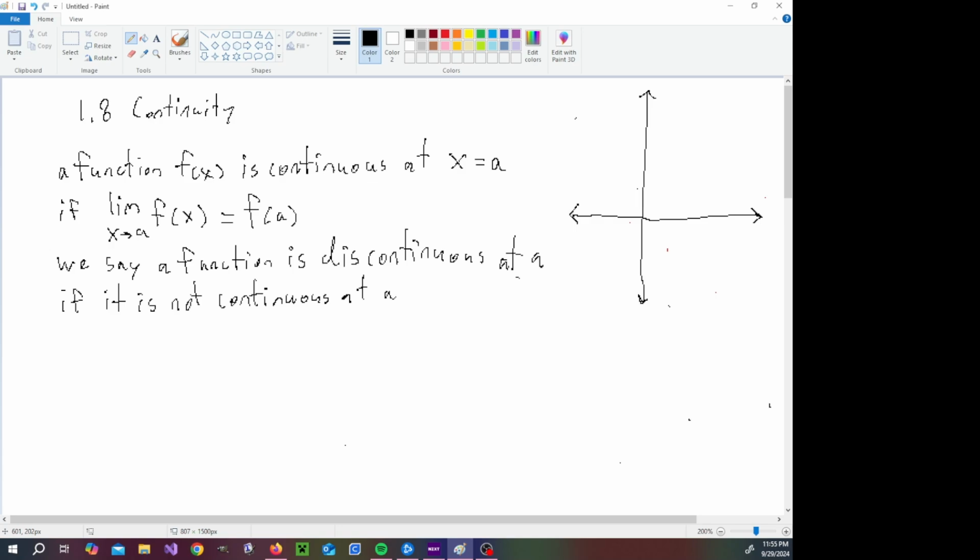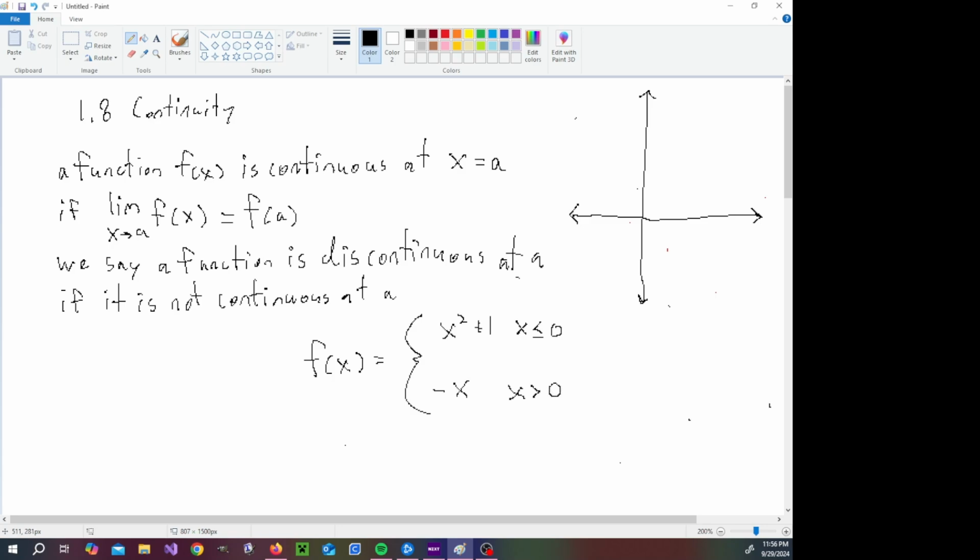So let's say f of x is equal to x squared plus 1 as long as x is less than or equal to 0, and then it's equal to minus x everywhere past 0.